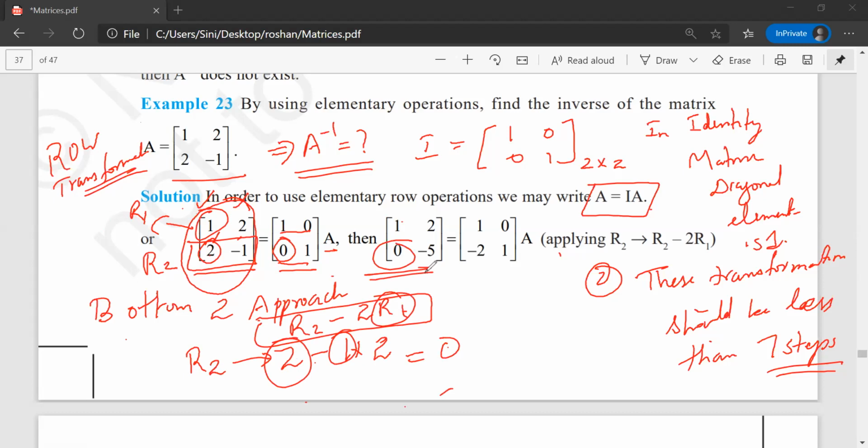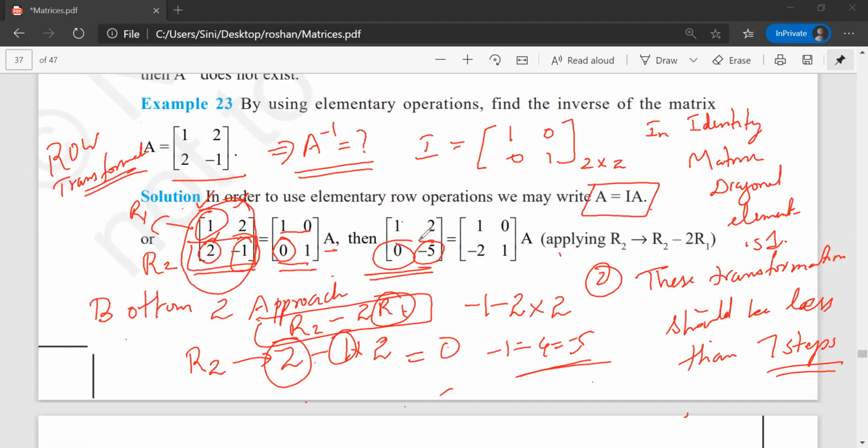Correct? Similarly, I use this method here also: minus 1 minus 2R1. What is my R1 here? 2. So minus 1 minus 4, that is minus 5. That's how we get this element. Now 0 is okay. Correct?